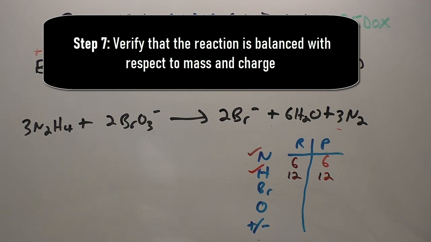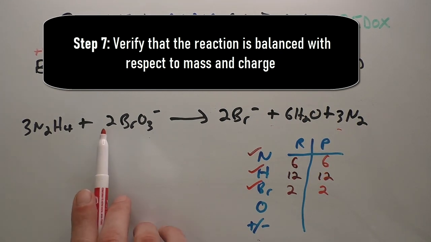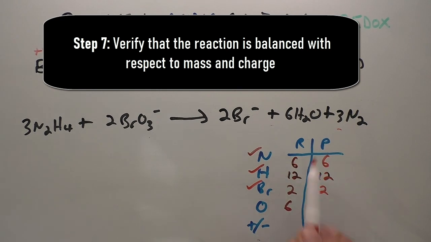Moving on to bromine, now we have 2 times 1, which is 2 bromines on the left, 2 times 1, which is 2 bromines on the right. Oxygen, we have 2 times 3, or 6 oxygens on the left, and we have 6 times the understood 1, which is 6 oxygens on the right.